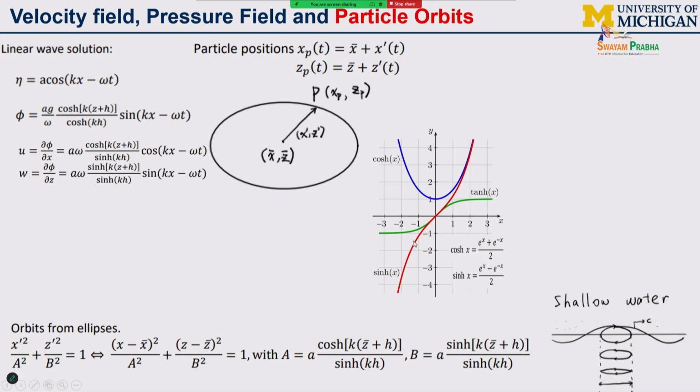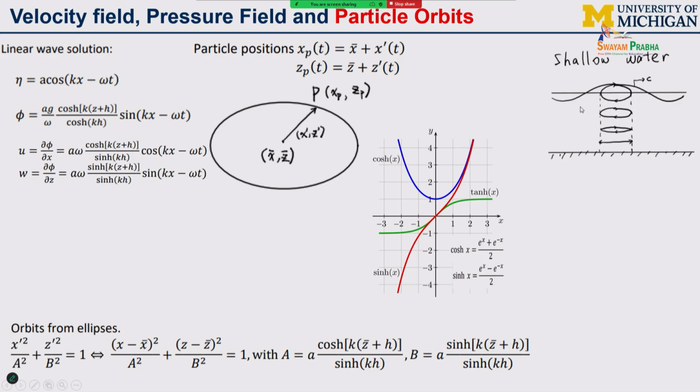If you look at shallow water, kh is small for very shallow water, eventually. The A dimension wouldn't change, and the B dimension wouldn't change either. B is the water-depth dimension, right? The amplitude quickly decreases.